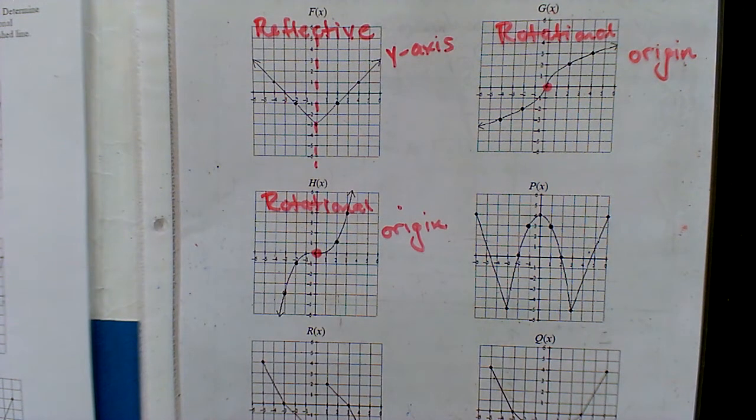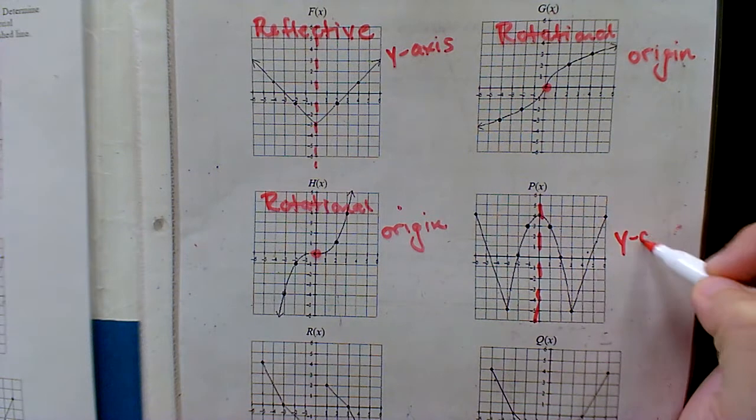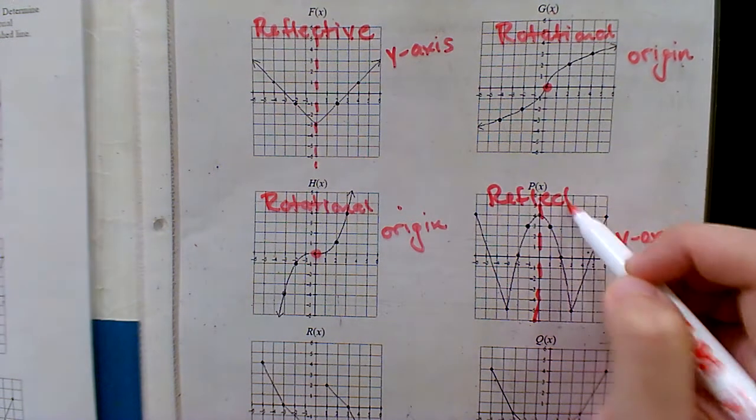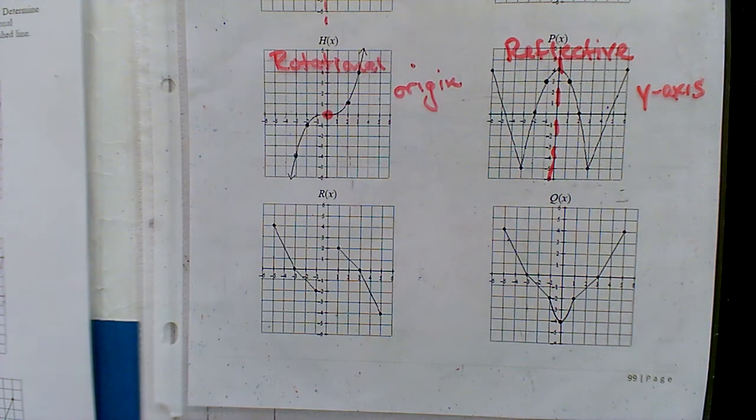What about p of x? Can you fold it? Yeah. Fold over the y. All right, so we have another y-axis. Okay, so that's reflective. All right, what about r of x?